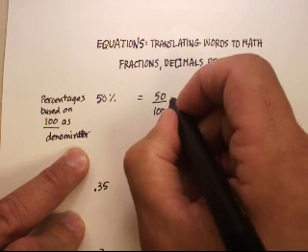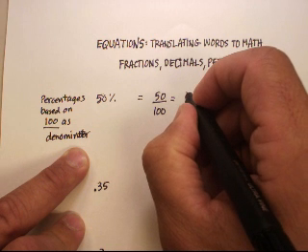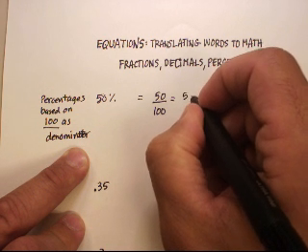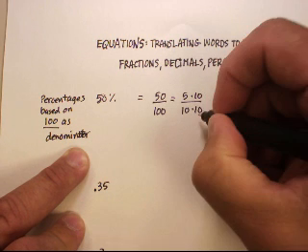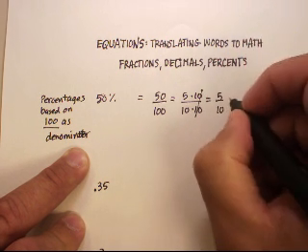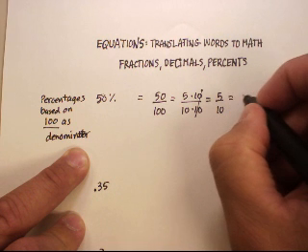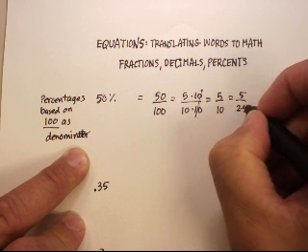And you can actually reduce that fraction too. So 50 over 100, let me go ahead and do it this way. 5 times 10, 10 times 10, that goes away. And now you have 5 over 10. That could change into 5 over 2 times 5.